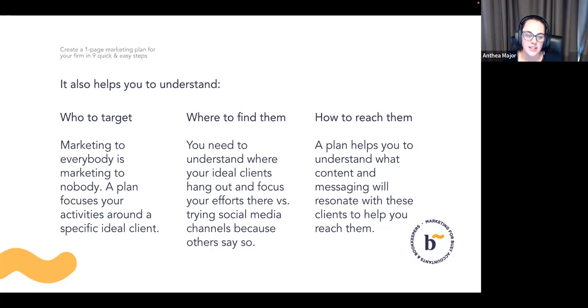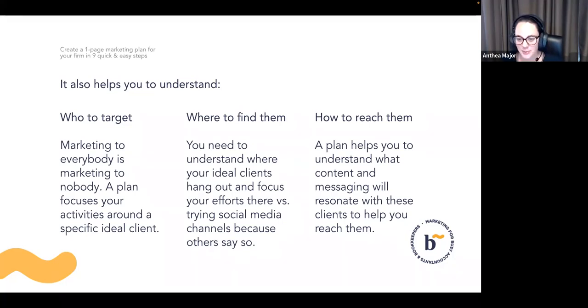And obviously the second benefit, I guess, of where to find them, that's obviously important because, well, it makes it a whole lot easier once you understand where your ideal client hangs out and goes to make business decisions, so you can focus your efforts on those places versus just trying TikTok because your friend said someone's gone viral there, or posting on LinkedIn because you think that's what you should.